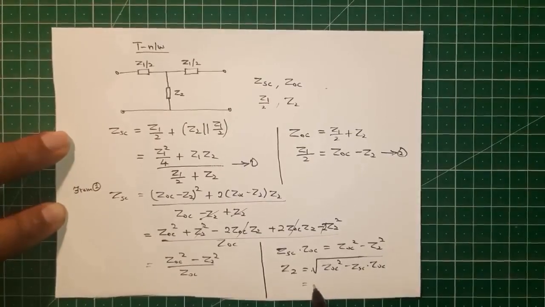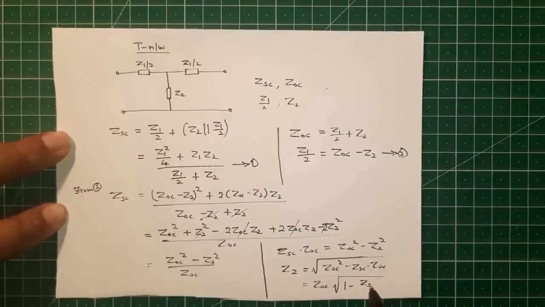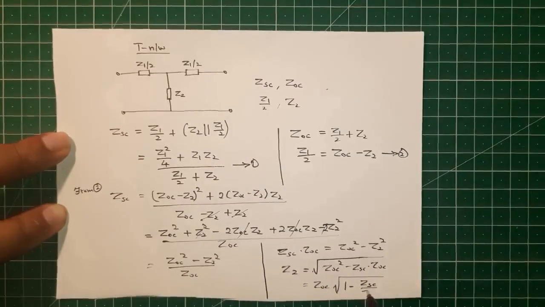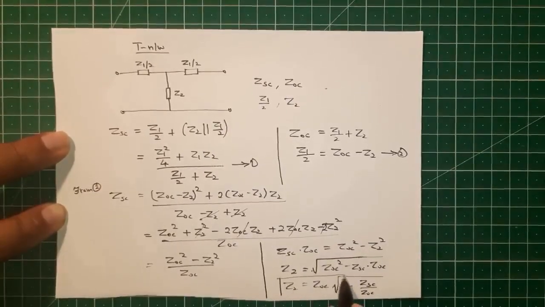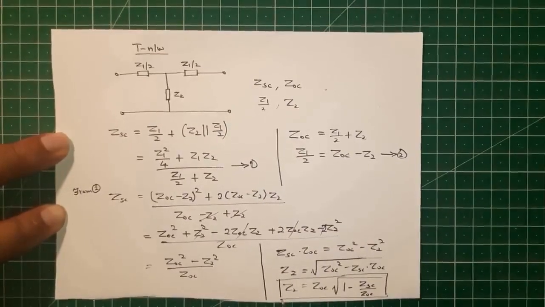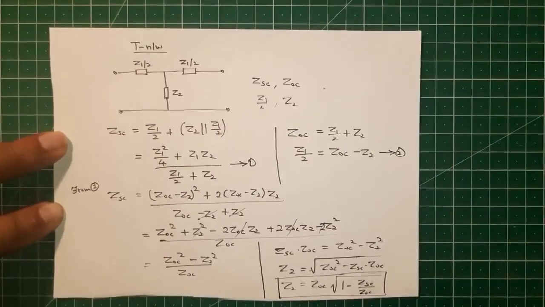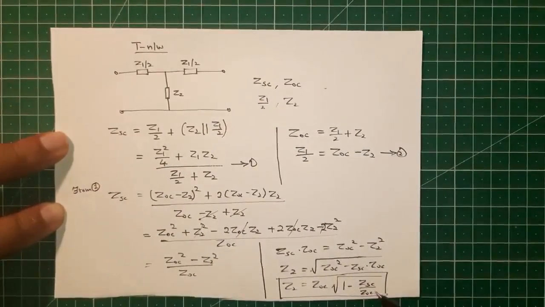So when we take ZOC outside, it will be 1 minus ZSC by ZOC. So this is our Z2. So we can write the shunt arm impedance in terms of the open circuit and short circuit impedances as Z2 is equal to ZOC into square root of 1 minus ZSC by ZOC.